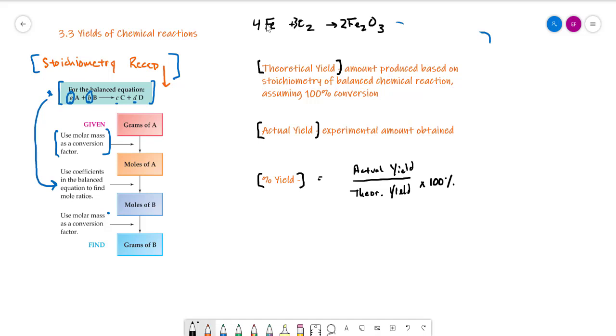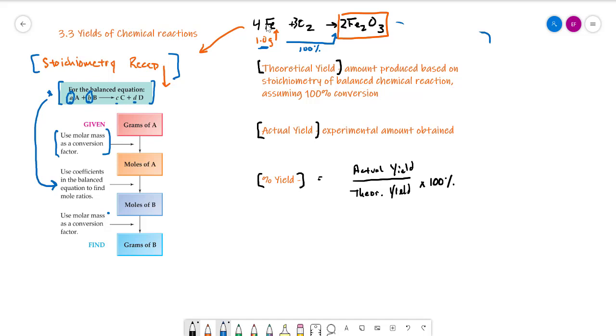If we also know that, say, we have 1.0 grams of iron to start with, we can use this stoichiometric process to determine theoretically, if all 1 gram of this is converted at 100% efficiency to iron oxide, what mass of this we would produce.